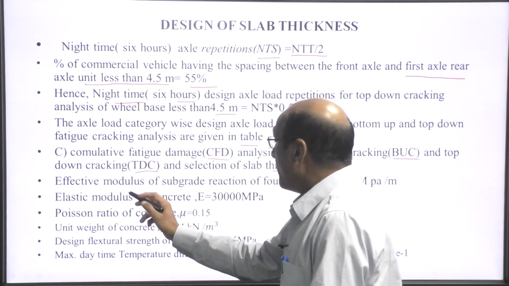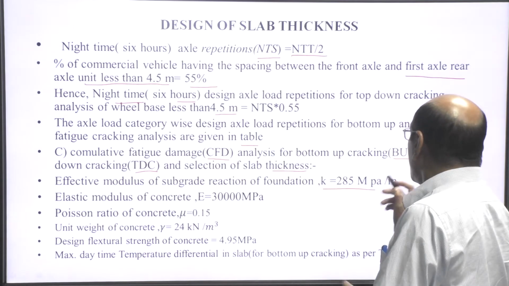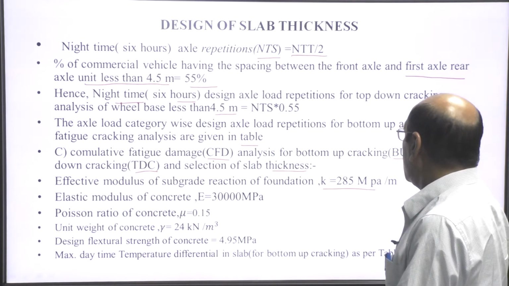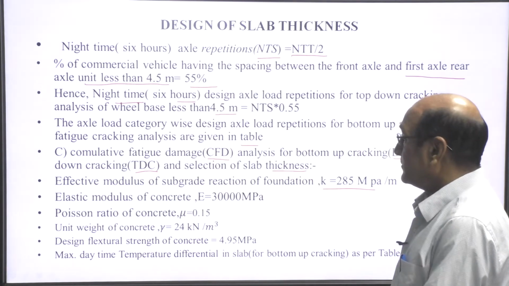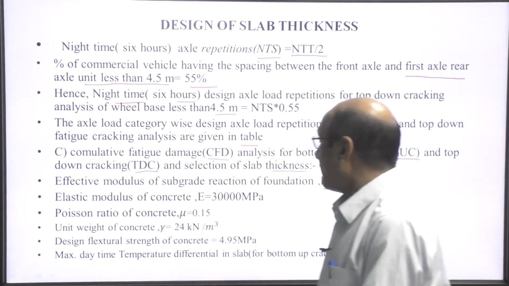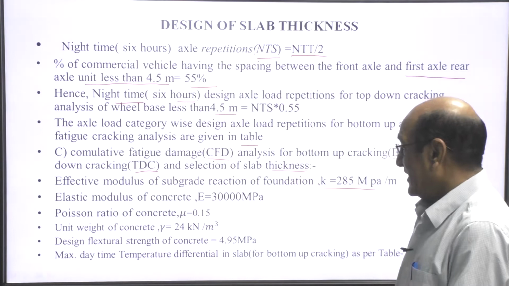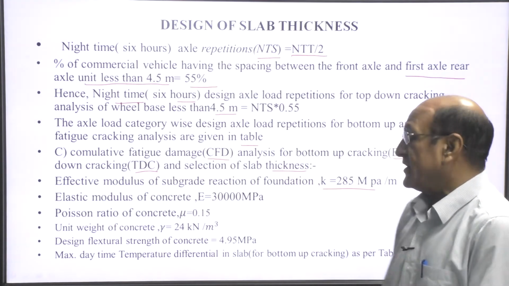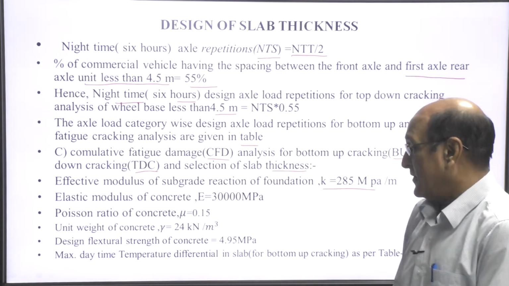The effective modulus of subgrade reaction of the foundation, K, is equal to 285 megapascal per meter. Now, the elastic modulus of concrete is 30,000 megapascal. Poisson's ratio of the concrete, as usual, mu is equal to 0.15.